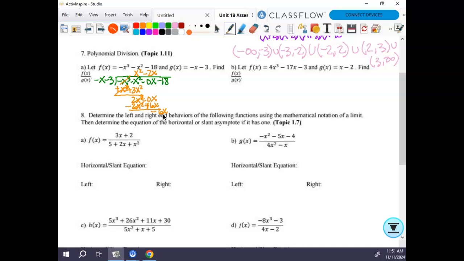Negative 6x, so negative x, this will be a positive 6. And this will be minus 18. When I multiply that back, I'm going to get a negative 6x minus 18. And my remainder is 0. So my answer is x squared minus 2x plus 6. There's my answer.